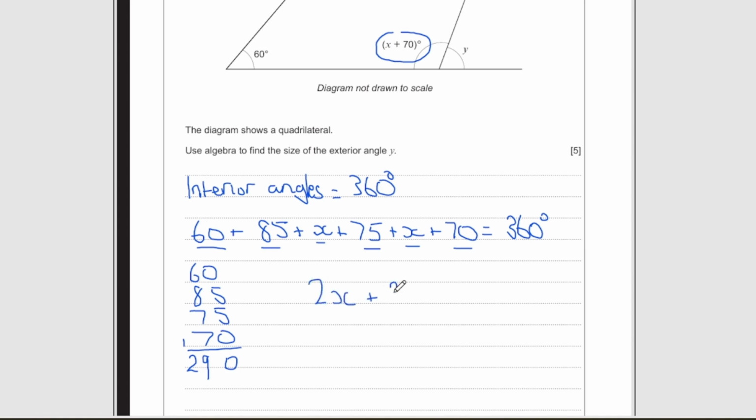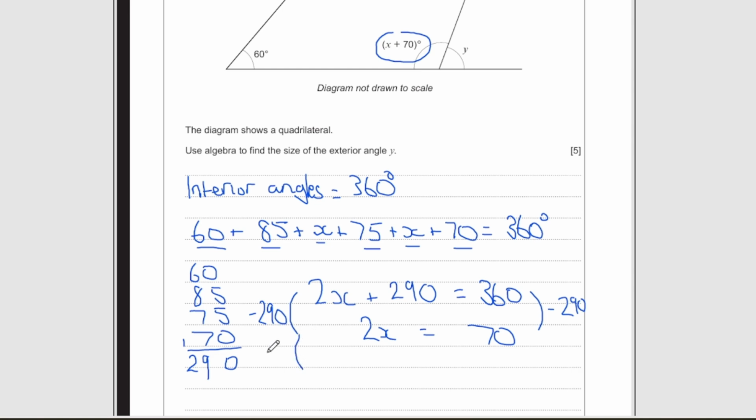So 2x plus 290 equals 360. Now we've got an equation we can solve to find x. Let's start off by taking away 290. If we do that on both sides, we cancel out the plus 290 here, so we're left with 2x. 360 minus 290 is 70.